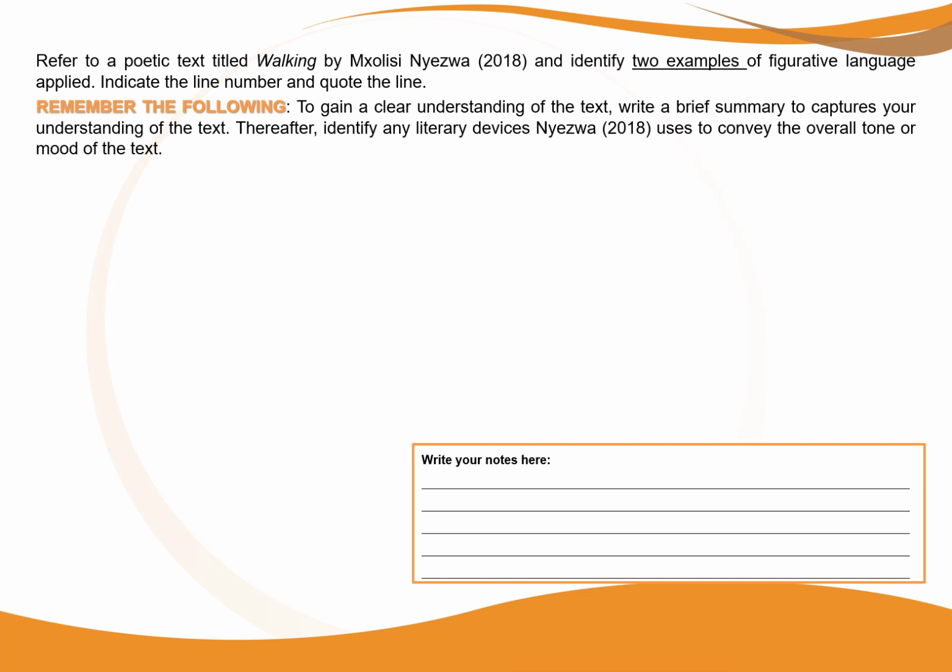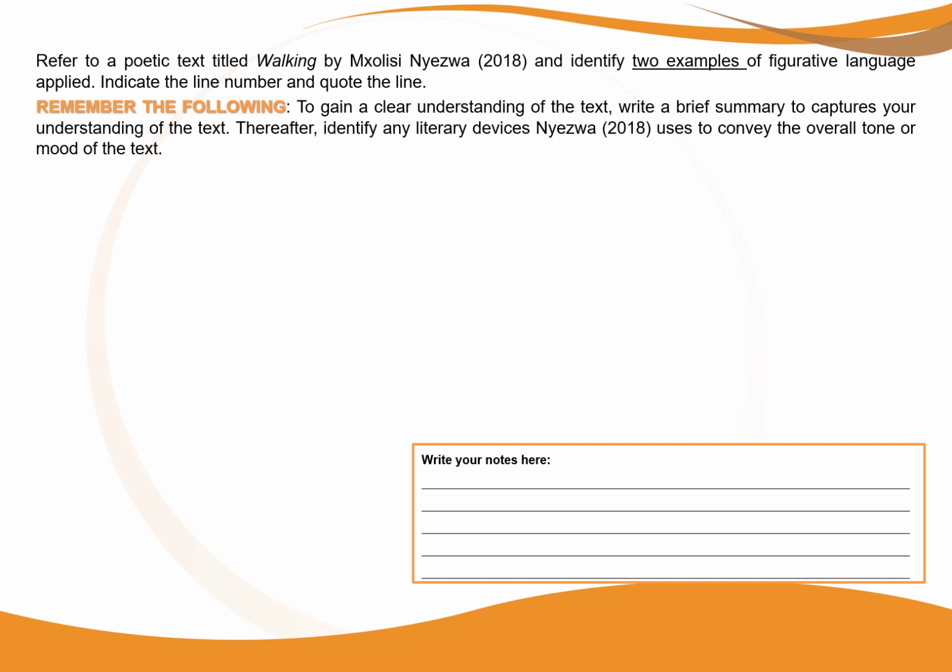So when asked to identify an example of a figure of speech or figurative language, state that figurative language is identified in line 1, for example, and then quote that line.